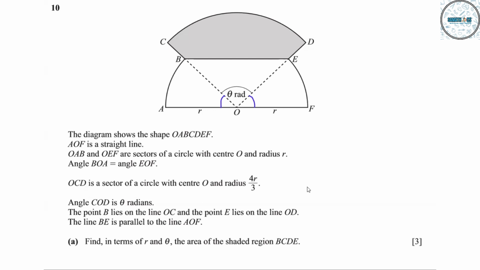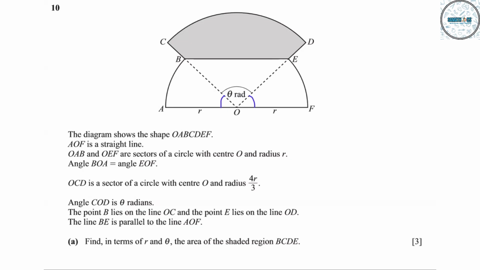Find in terms of r and theta the area of the shaded region BCDE. If we see this shaded region, this is the area when we subtract the area of this triangle from the area of this sector.